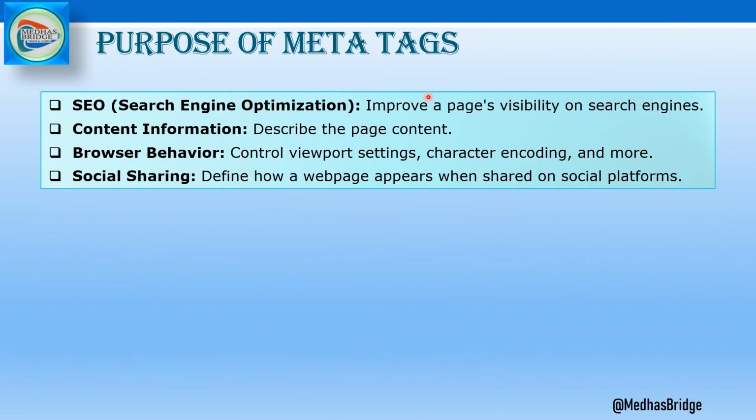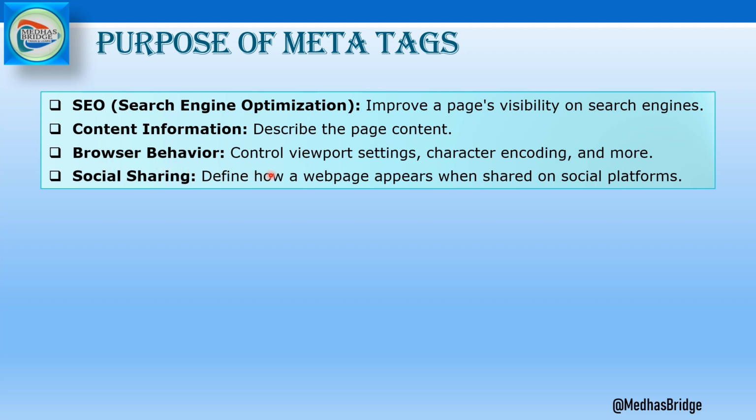Purpose of meta tags. SEO, search engine optimization: it improves the page visibility on search engines. That's one advantage. Content information: it describes the page content, so what exactly the web page is meant for. Each page can have its own metadata, so that's the beauty of having metadata for your web page.